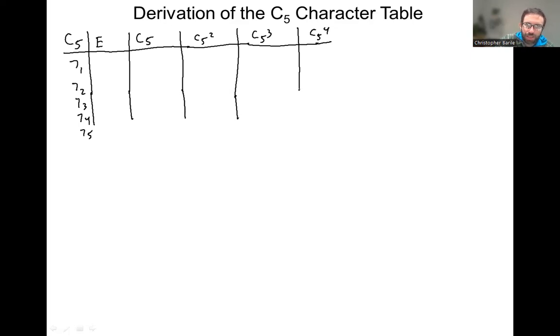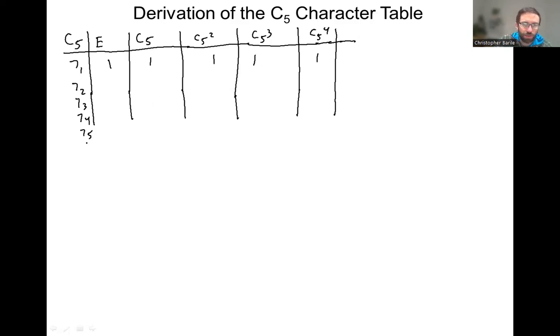At this point, you fill out your gamma 1, which is ones across the board, the totally symmetric representation. Okay, and then we're going to figure out the values down here, and you would think that these would have to be ones across the board as well.